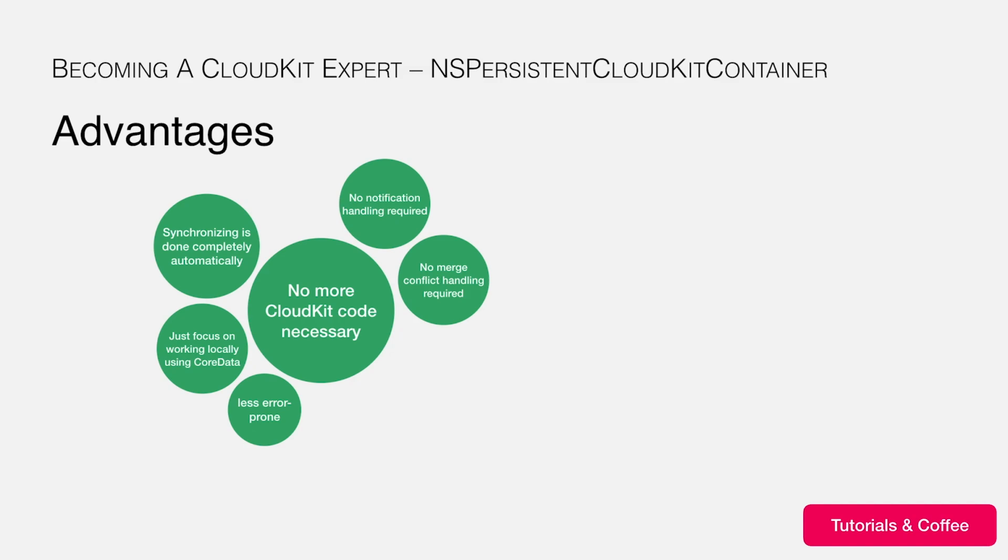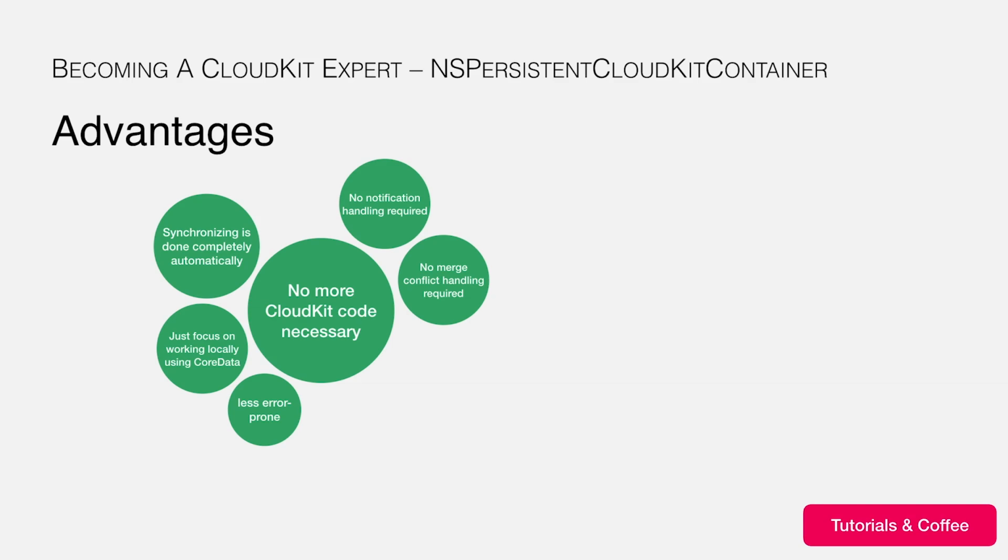Now to explain the second major advantage, I think I have to explain the current situation first. Right now we have a limitation of references if we use CloudKit, and that's something that most developers do not know. But right now we have a hard limitation.